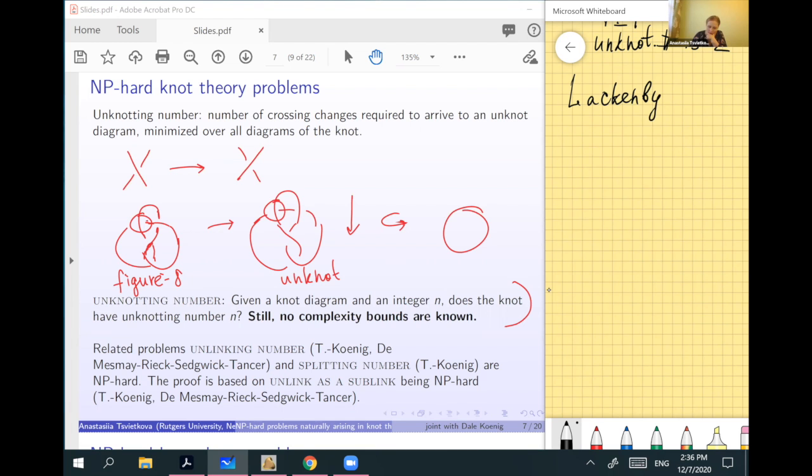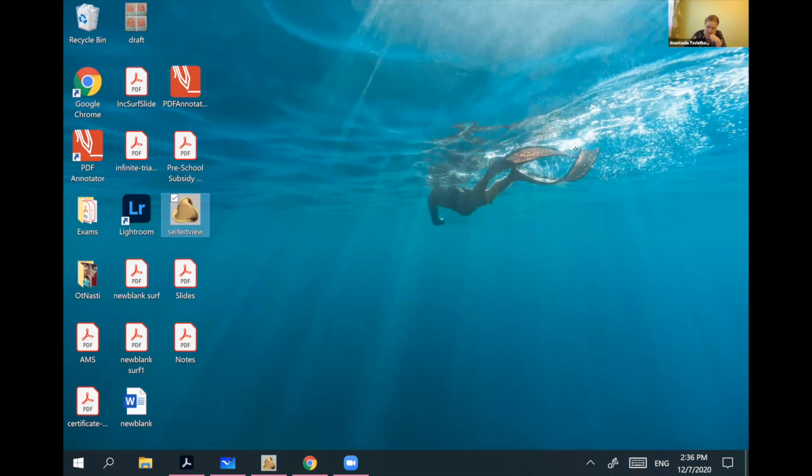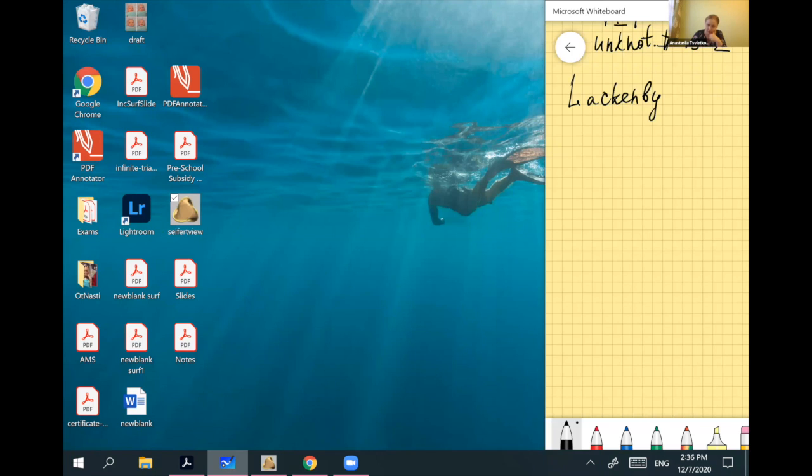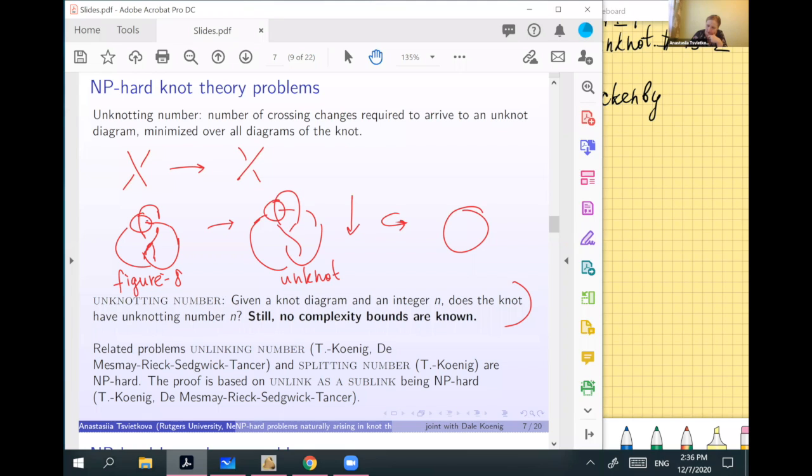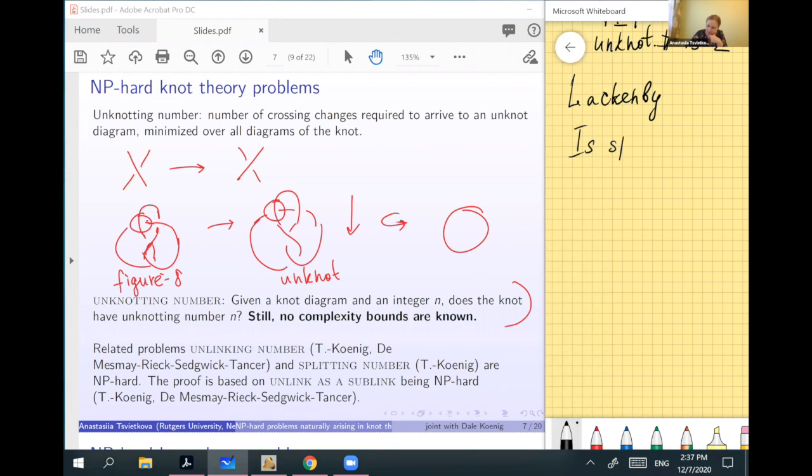the problem, splitting number equals 1, or unlinking number equals 1, these kinds of problems are computable.